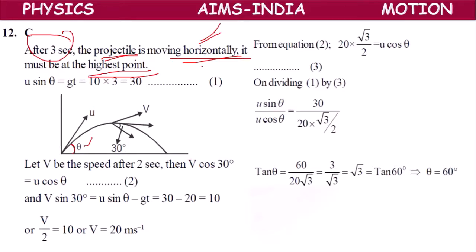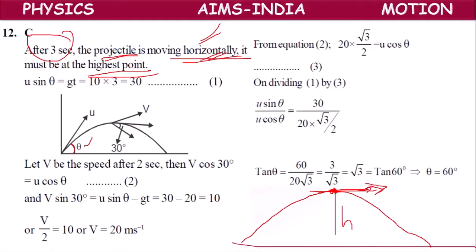If the projectile is moving horizontally, because up to the highest point it will move vertically, at the highest point only it will move horizontally. Then after that again it will move vertically down. So it is moving horizontally means compulsorily it should be the highest point.